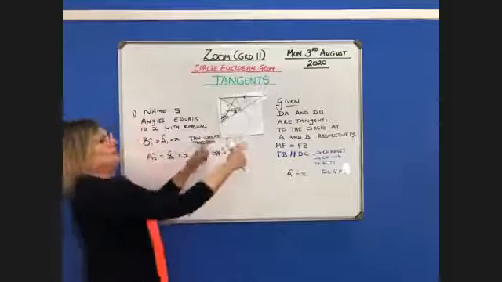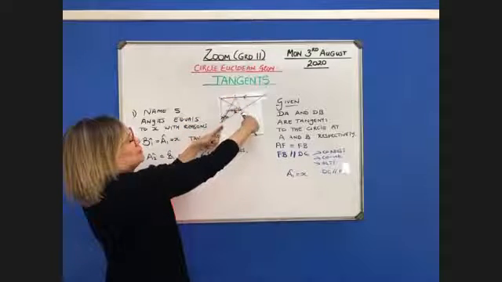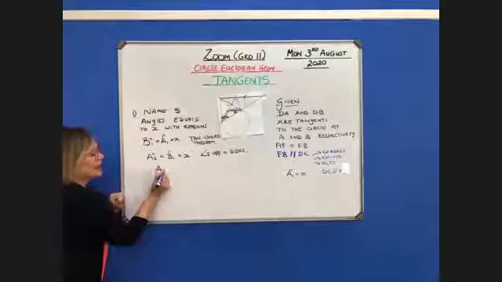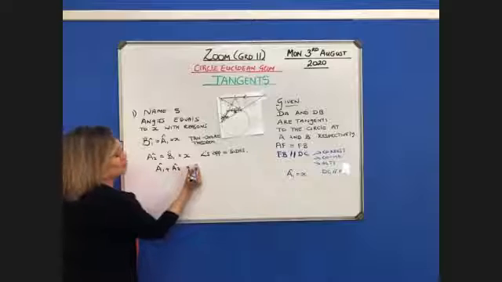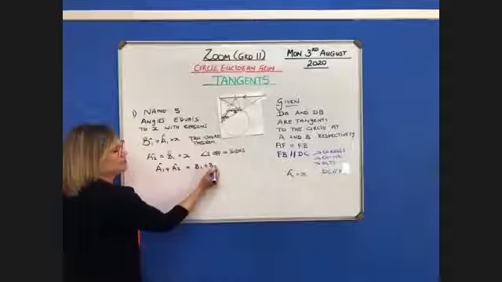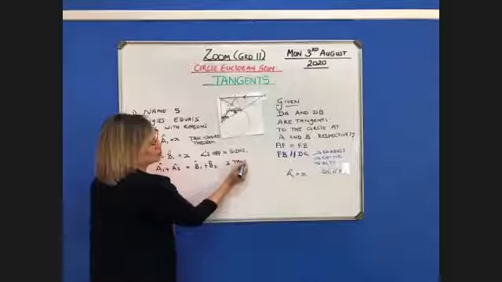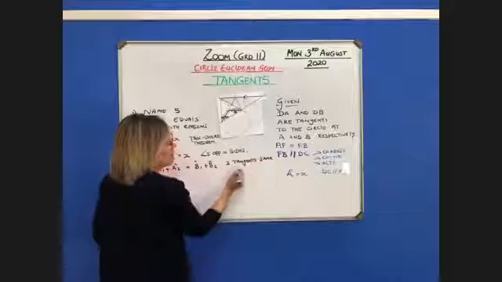Now, look at this. If we have two tangents from the same point, we know that angle A1 plus A2 equals angle B1 plus B2 because of the tangents from the same point.